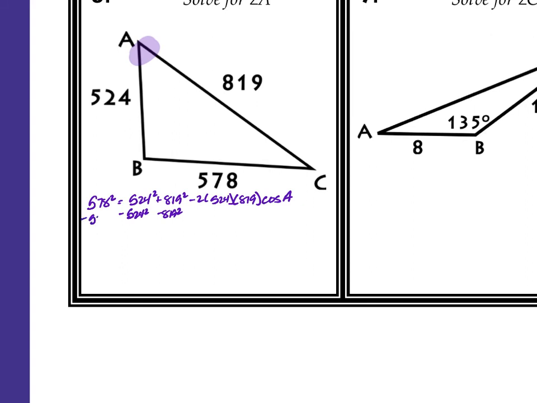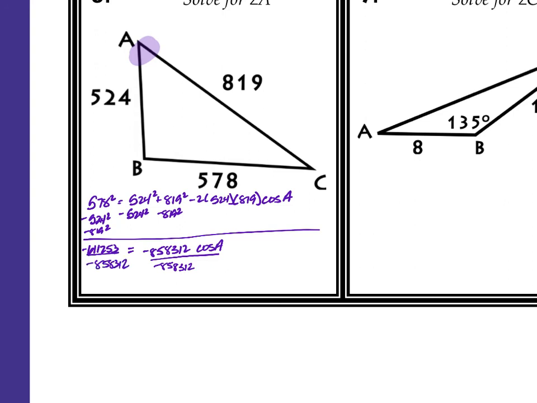So 524 squared, subtract 819 squared, and I get negative 611,253 equals negative 858,312 cosine of A. All right, and then I'm going to divide by negative 858,312.